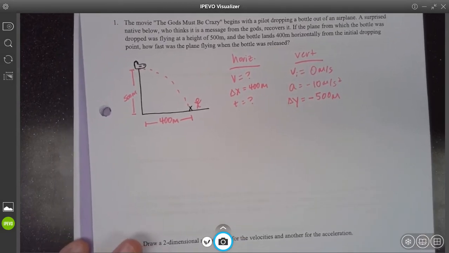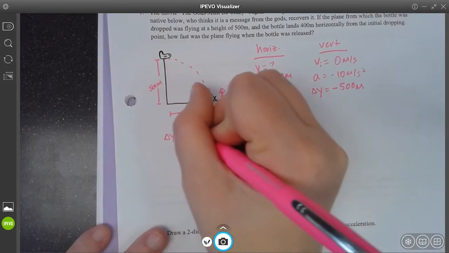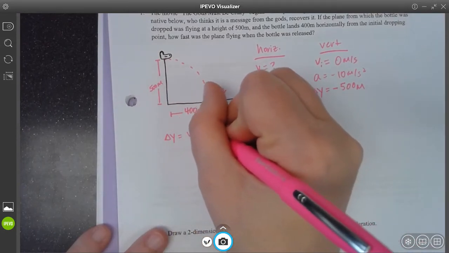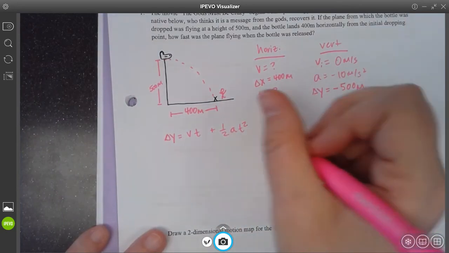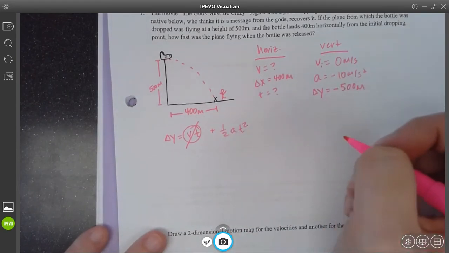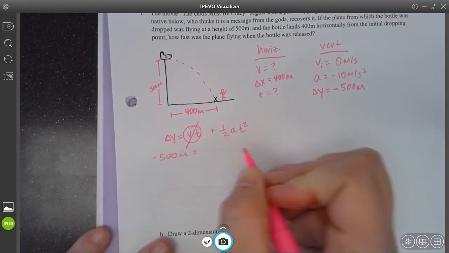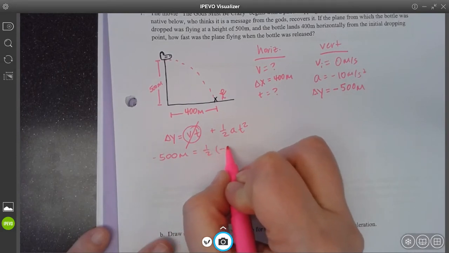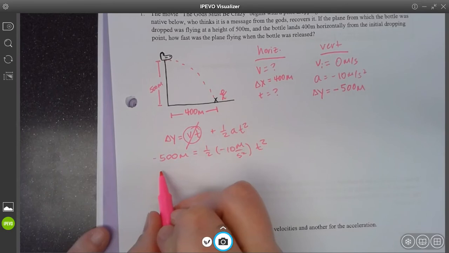We can, because we have three things. In fact, the equation we're going to use is that one that's parabolic that we've used before. Change in y equals initial velocity times time plus 1/2 times acceleration times time squared. And because our initial velocity is 0, we're not going to have to worry about that first term. So we know then that our displacement, minus 500 meters, is equal to 1/2 times minus 10 meters per second squared times time squared.